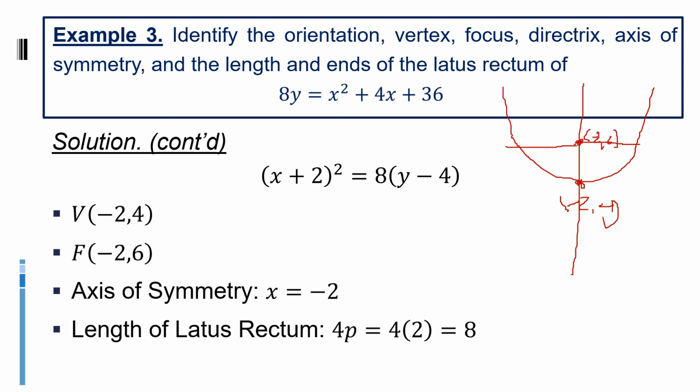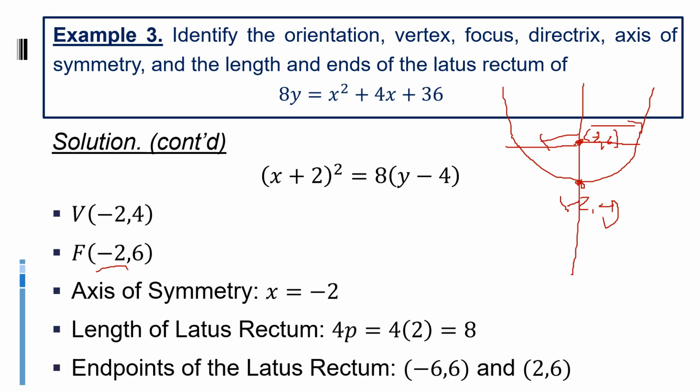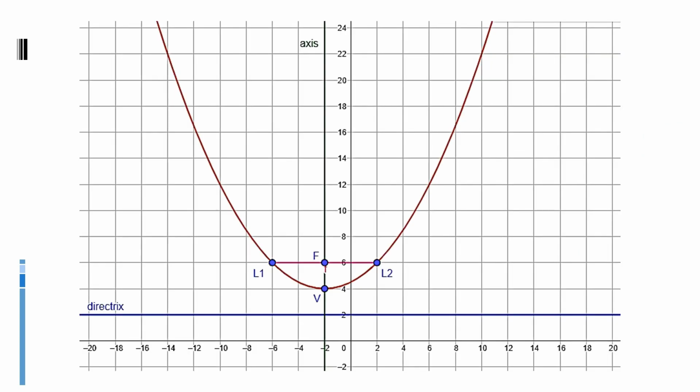Note that hindi nag-change yung ating y, only the x. So from the x of the focus, mag-a-add tayo ng 4. Kasi nga, 2p. So we have minus 4 here, plus 4 here. So the endpoints of the latus rectum are negative 6, 6, and 2, 6. And this is now the graph of the parabola.